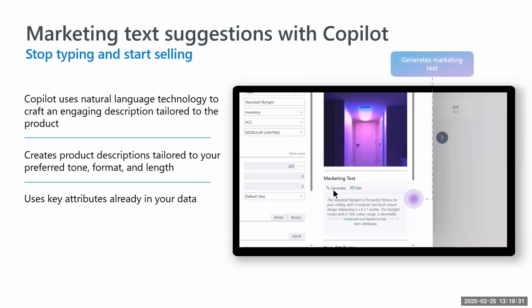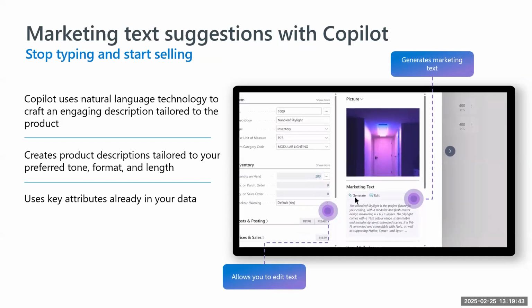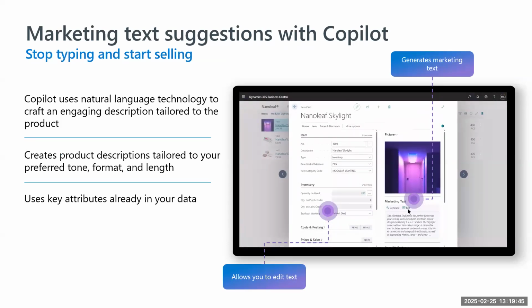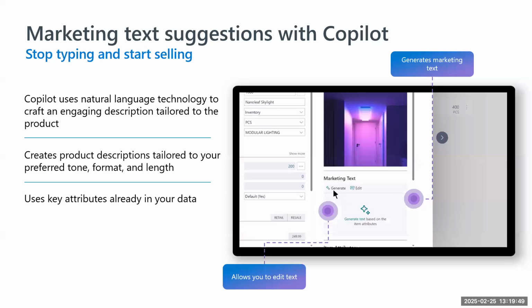Also wanted to quickly touch on this one. This is our very first Copilot feature in Business Central. It became available 2 years ago when everyone's talking about AI, everyone's talking about Copilot. This is the very first Copilot feature we have in Business Central. It helps users generate marketing text based on the product attributes. And you can even change the tone. You can change other things as well.